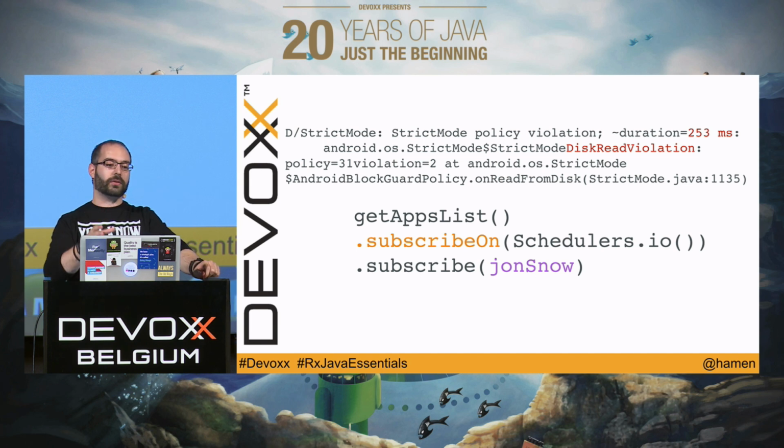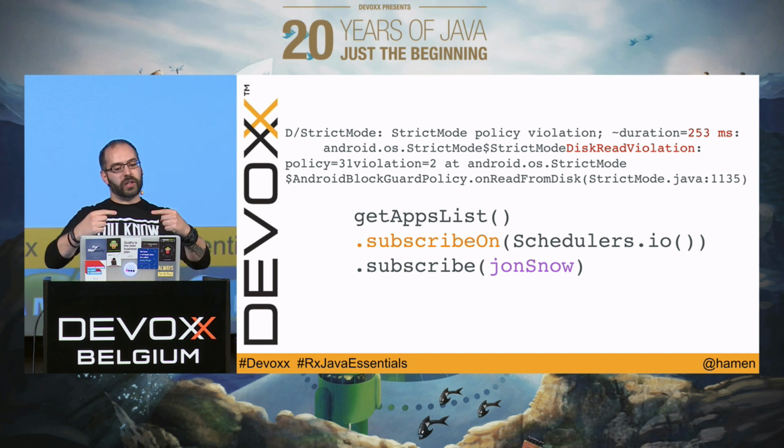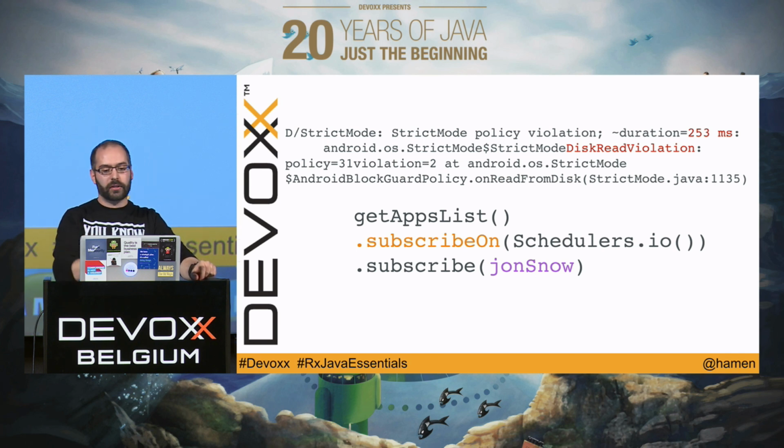Basically, you tell RxJava to execute everything that is above the subscribe on a different scheduler. Schedulers.io basically provides you a thread pool for I/O operations. So we are cool. We are doing the job on a different thread. We are not getting the disk read violation anymore.